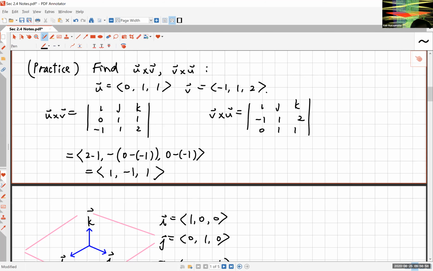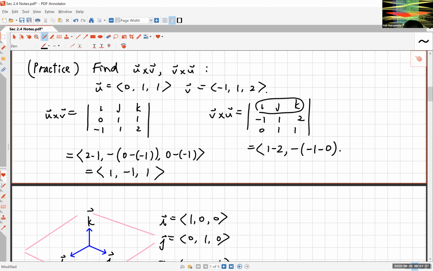Now, if you switch the order, V cross U, this will be, well, it's 1 minus 2. And you don't have to write all the details down here when you do these things. And by the way, after a while, you can even just not write IJK, and you can sort of look at the last 2 rows and then try to figure these things out. The second one, it's negative of negative 1 minus 0, right?